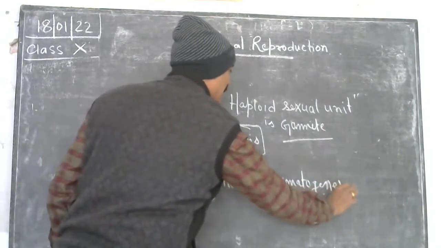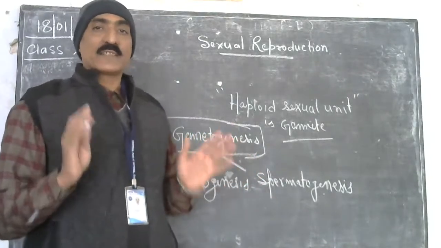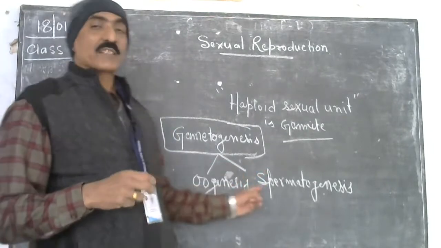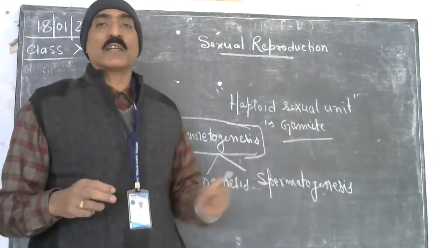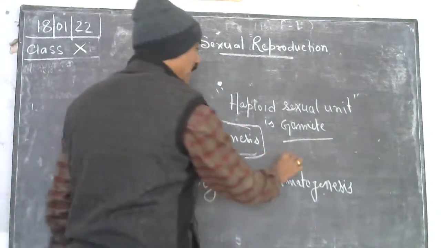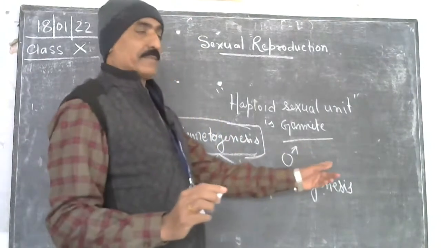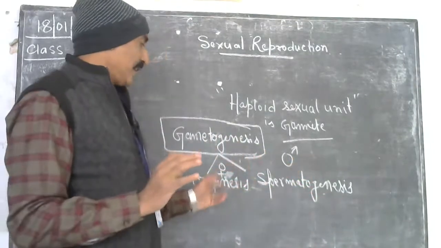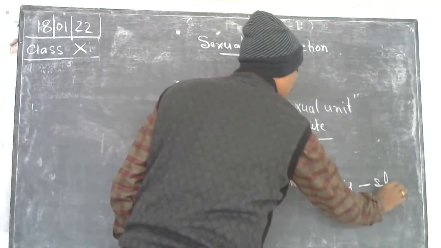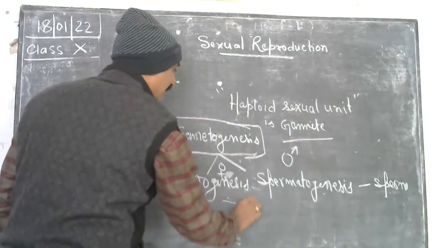Now that we have the names, through oogenesis, ovum is produced, while by spermatogenesis, sperm are produced. So sperms are the male gamete, while ovum is called the female gamete. What is formed from spermatogenesis? Sperm. And from oogenesis? Ovum.